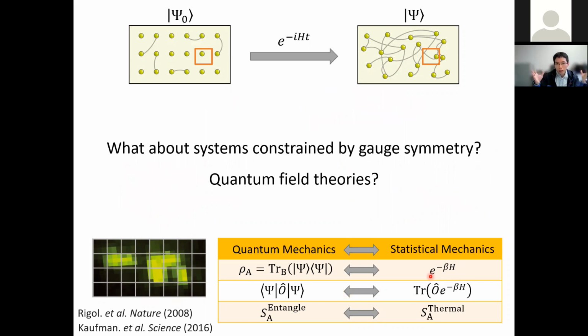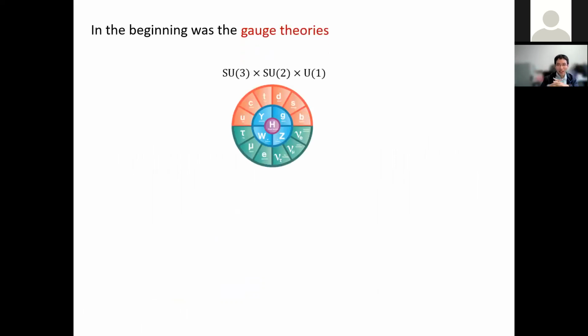Now, how about a system that's constrained by gauge symmetries? Basically, what happens if we have quantum field theories? Why do we want to study gauge theories? Let me quote this ancient book that says, in the beginning was the word, and let's give that word a little bit of content. Indeed, gauge theories offer a fundamental description for the elementary particles that make up everything in our universe.